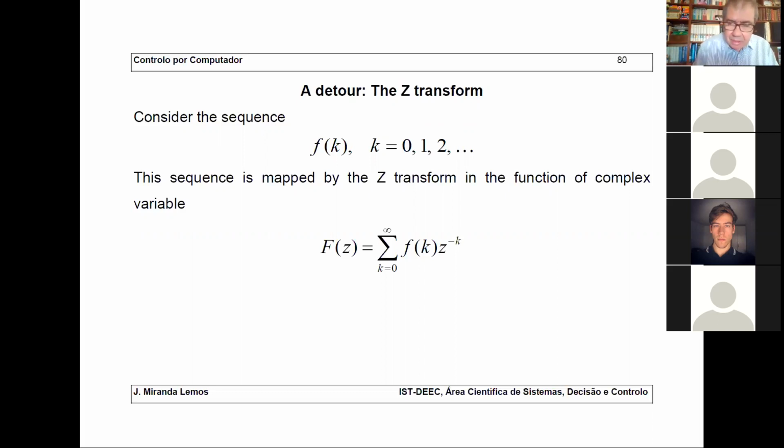Okay? But for people that work in control, systems start at one point. So we have the so-called one-sided transform. That's what we are going to consider. And this is a difference with respect to what you have learned in PDS.